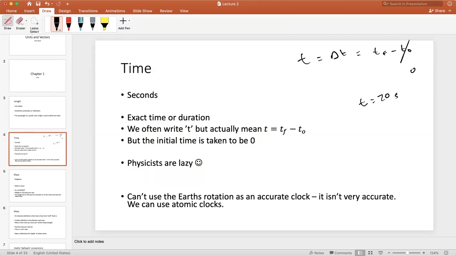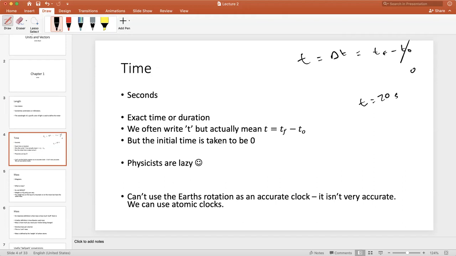It might come up in one of the labs when we're taking the time of periods of oscillating motion. But now we kind of use the Earth as our clock, because we're biological creatures and we know how long a day is, and you kind of measure a day in hours and an hour in minutes and those seconds.